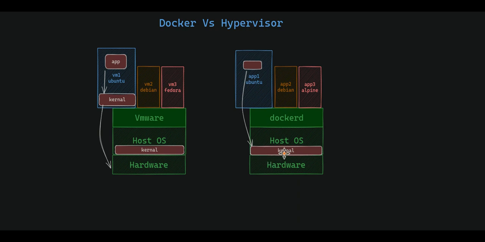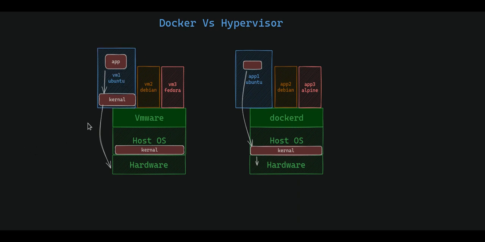So it talks to this kernel, and this kernel then talks to the hardware. Okay, so this way it works. So this is very lightweight, it contains only the Ubuntu packages, file system and some specific binaries, but here it is a complete full-fledged operating system.